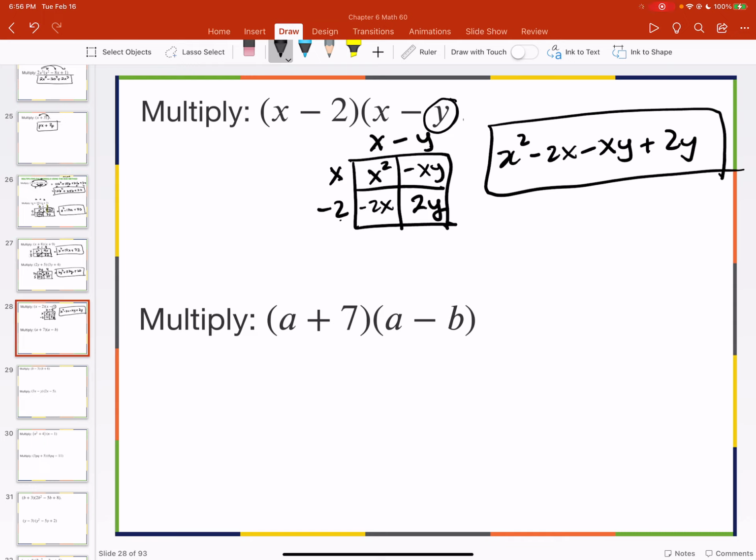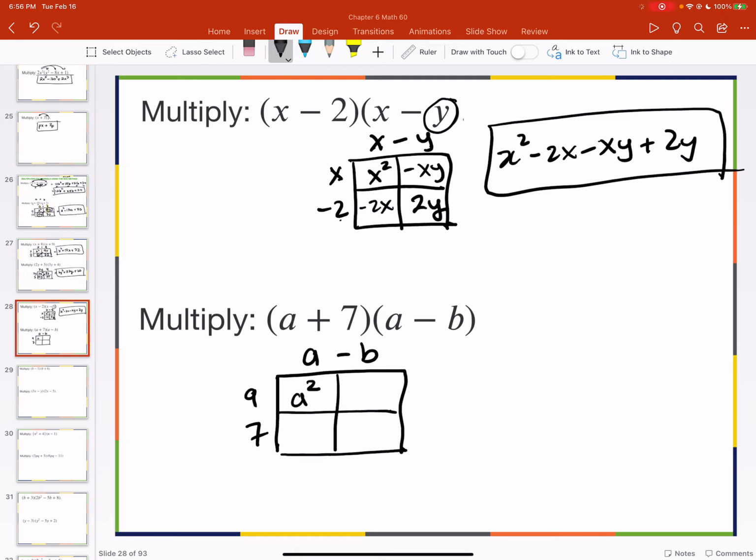Okay, so same situation with this one. Here we have a plus 7 times a minus b. So a squared here. A times negative b is minus ab. 7 times a, 7a. 7 times negative b is minus 7b.